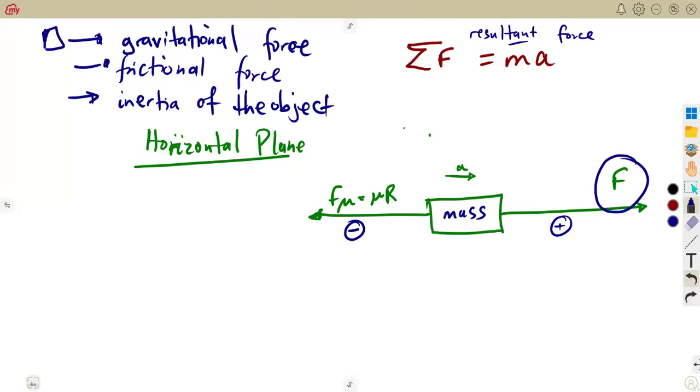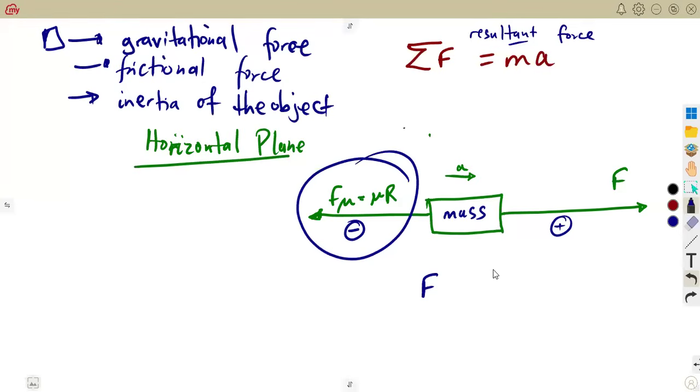This one, which is positive, going to the right side. It is the one that is being applied to our object. So the applied force is opposed by the frictional force, so we are going to subtract our frictional force.